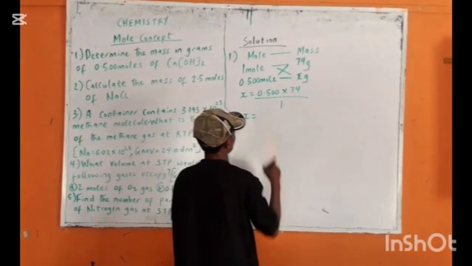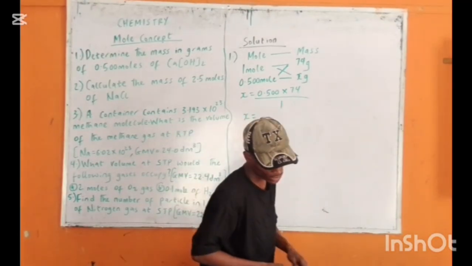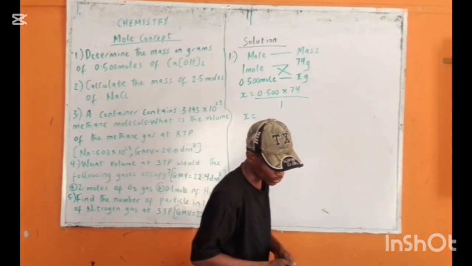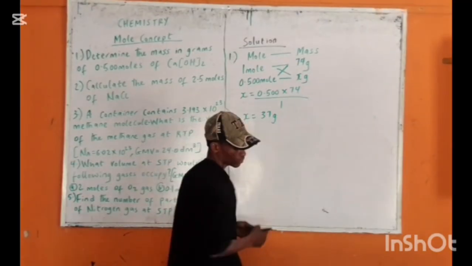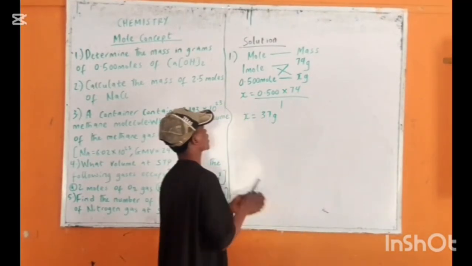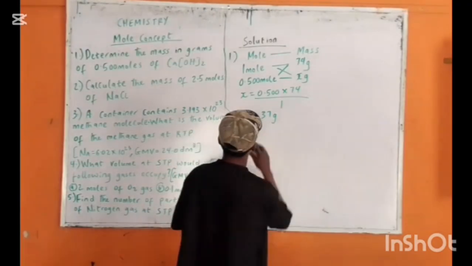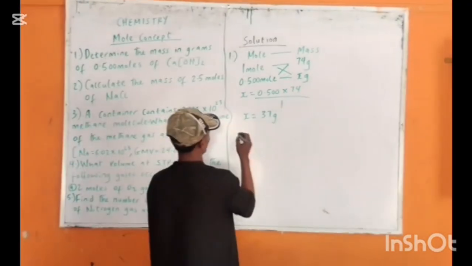When we divide, we get the answer to be 37 grams. So our answer is 37 grams for number 1.